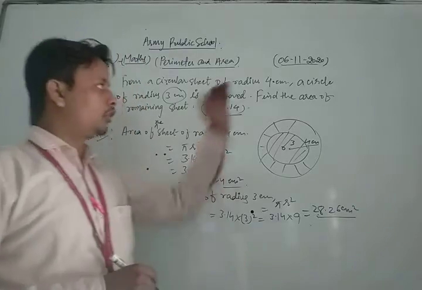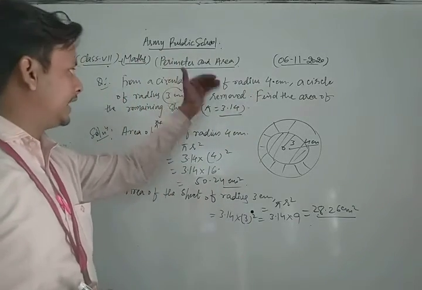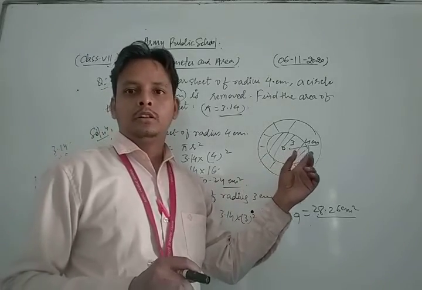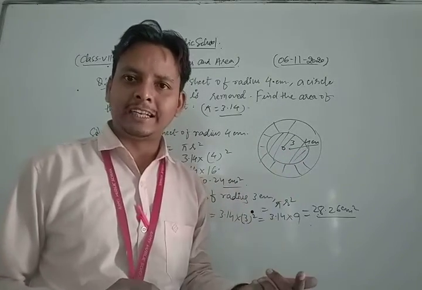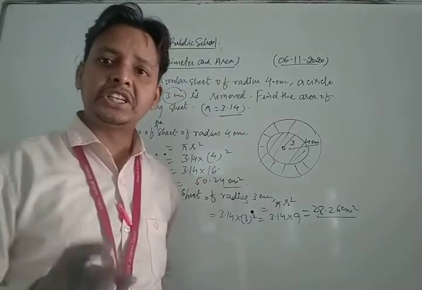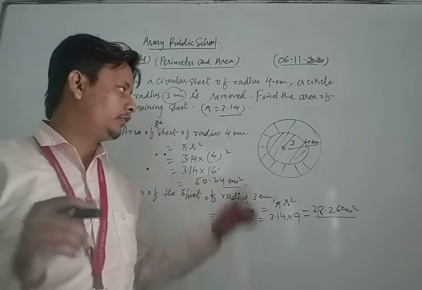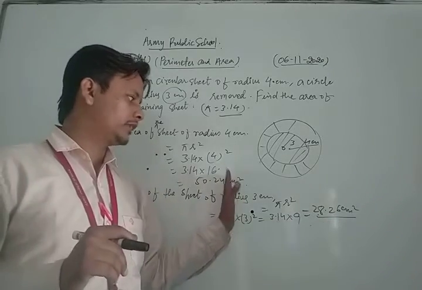Now, according to the question, the circle of radius 3 centimeter is removed from the circular sheet of radius 4 centimeter. So the area of the remaining sheet is found by subtracting this area from that.